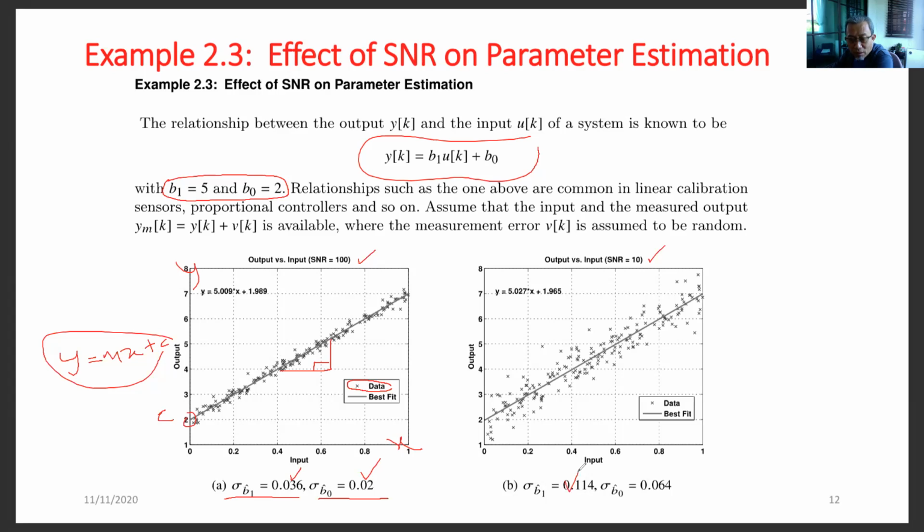For B1 the standard deviation is 0.114 and for B0 it is 0.064. So the conclusion: the best fitting is SNR 100, with the lower standard deviations.